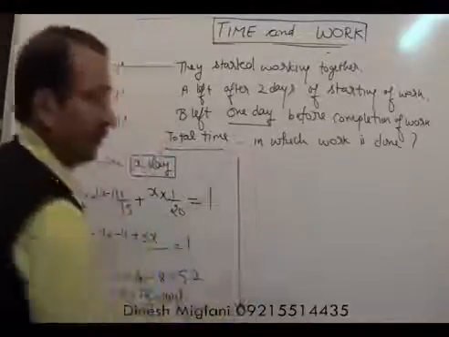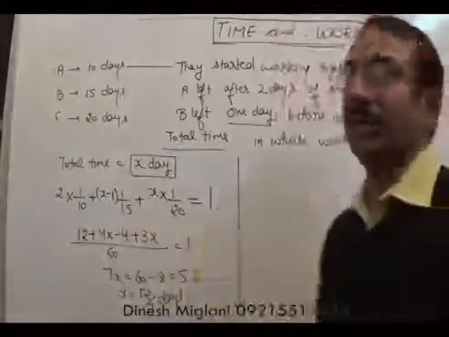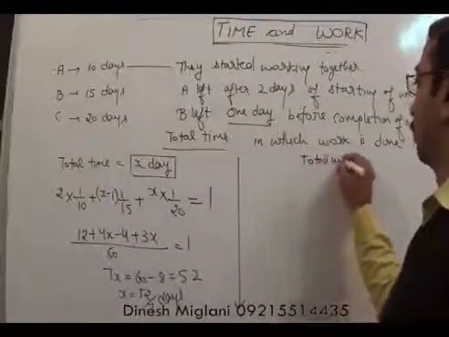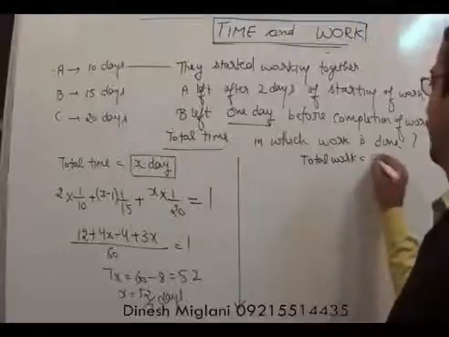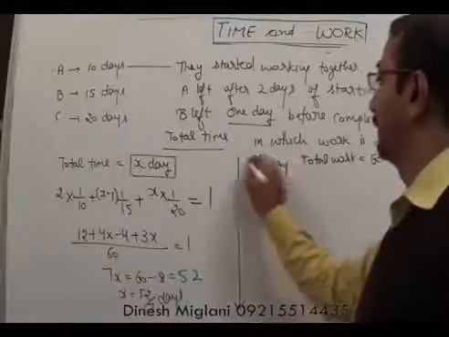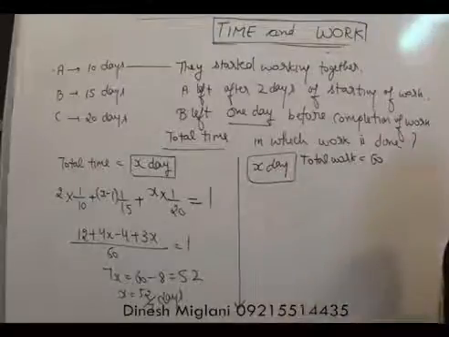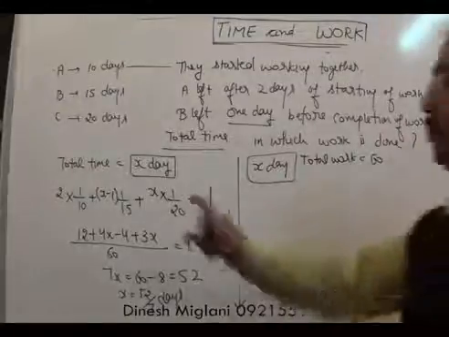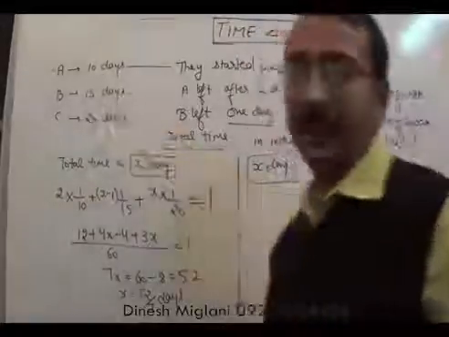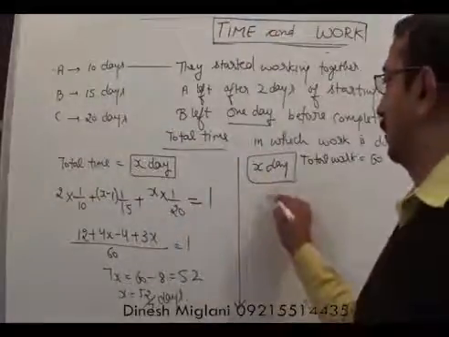Same question can be done by assuming total work to be 60. Suppose I assume that total work is equal to 60, the LCM, and the time in which work is being done is equal to x days. Now A worked for 2 days. If total work is 60, 1 day work for A is equal to 6, and he worked for 2 days.